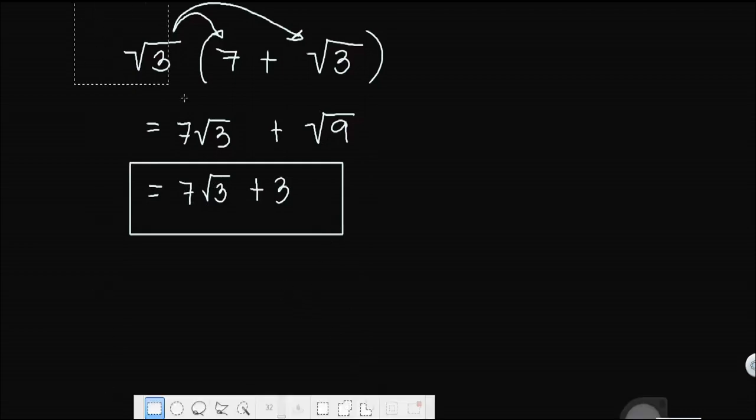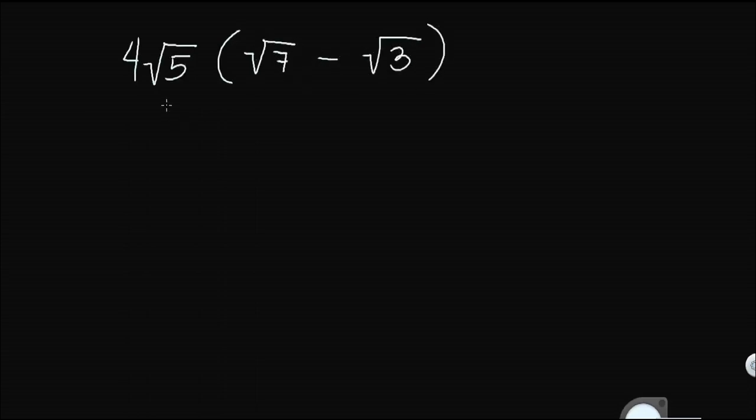Now, I want you to try this one. Okay, so we have the given 4 square root of 5 times square root of 7 minus square root of 3. Okay? Same sa ginawa natin nung una. For this first term, distribute natin 4 square root of 5 times square root of 7.